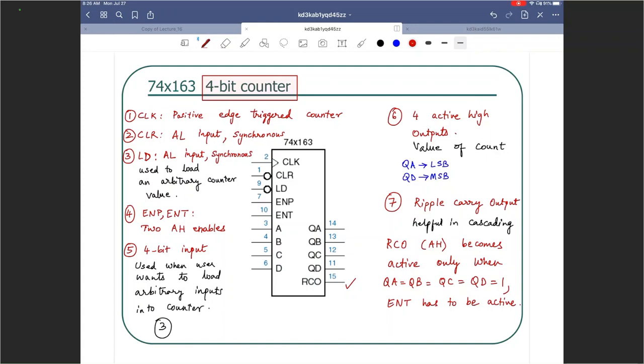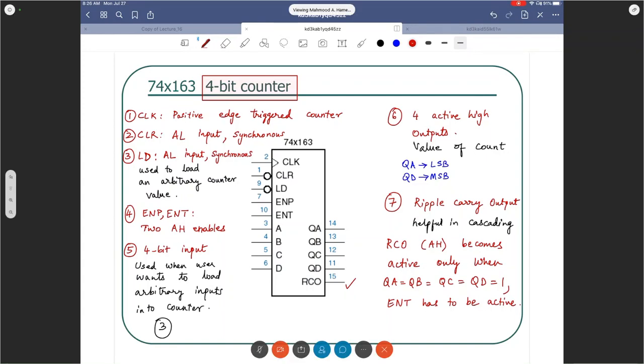Okay, let's take some questions about just the inputs and outputs for this 74x163. So the question is, will the chip work only if one of those enables is on?